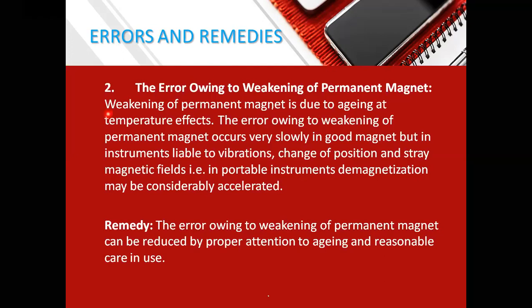That means the flux density B is going to change. Now, at the time of design, if B is some value and then you have designed PMMC, you have prepared a calibrated scale, everything is done. After 1 or 2 years, or say after 10 years or 15 years, the permanent magnet will get weakened. When it gets weakened, B will change.